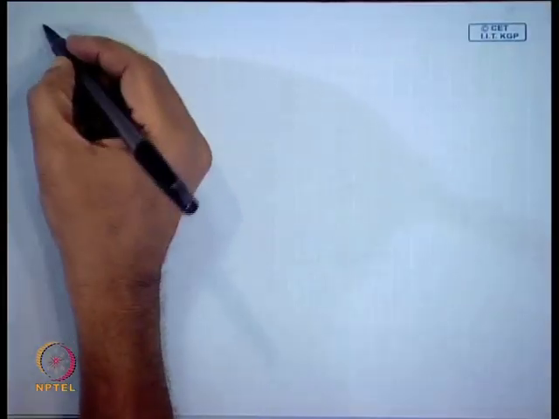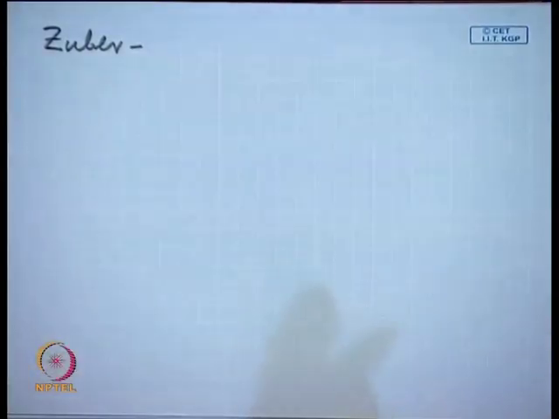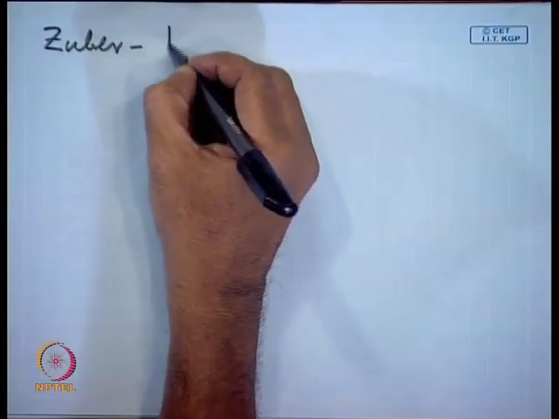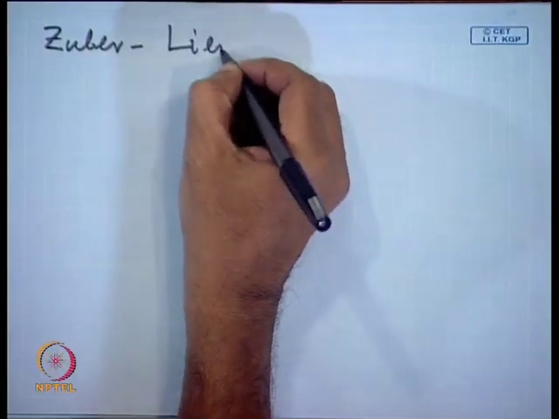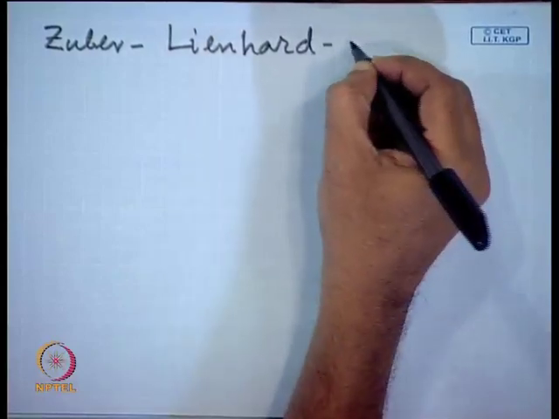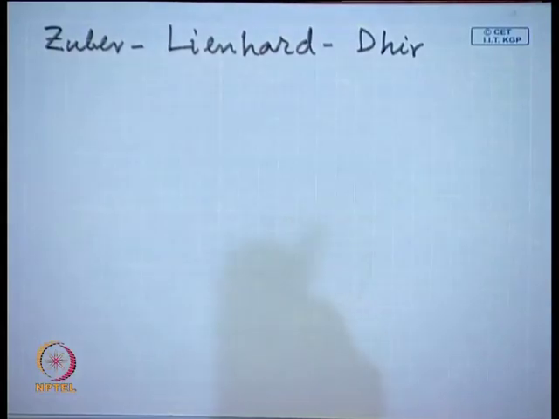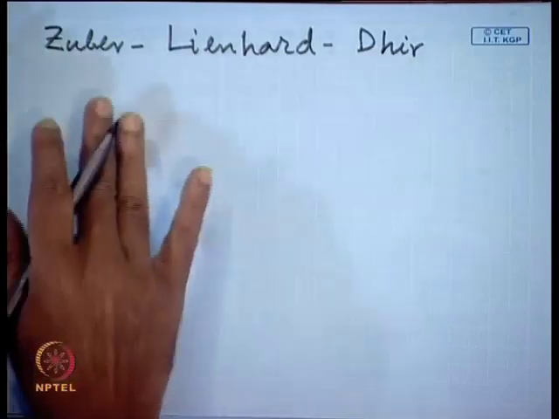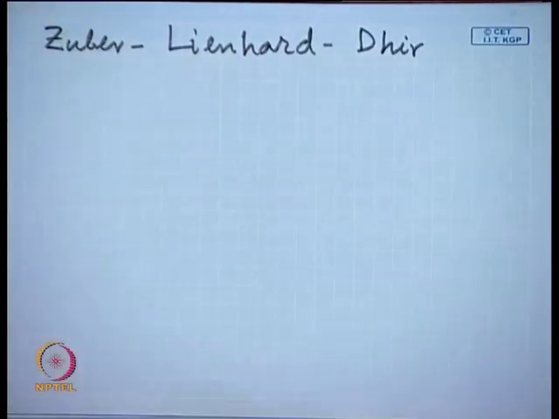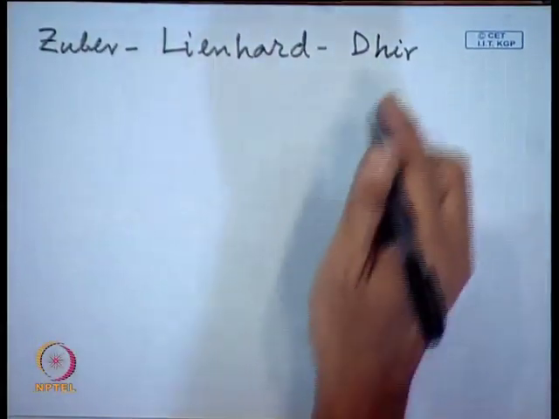Then later on, work done by Zuber, and after that Lienhard and Dhir. Zuber is again very famous for his contribution in boiling heat transfer, and Lienhard is also very famous for his contribution in boiling heat transfer.